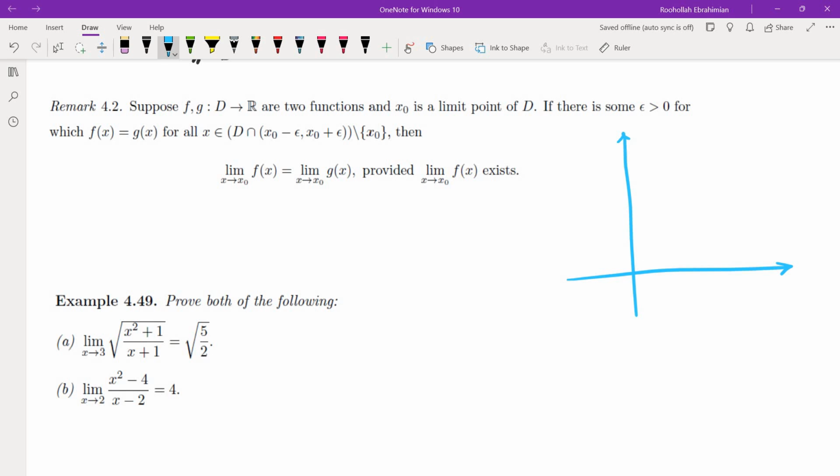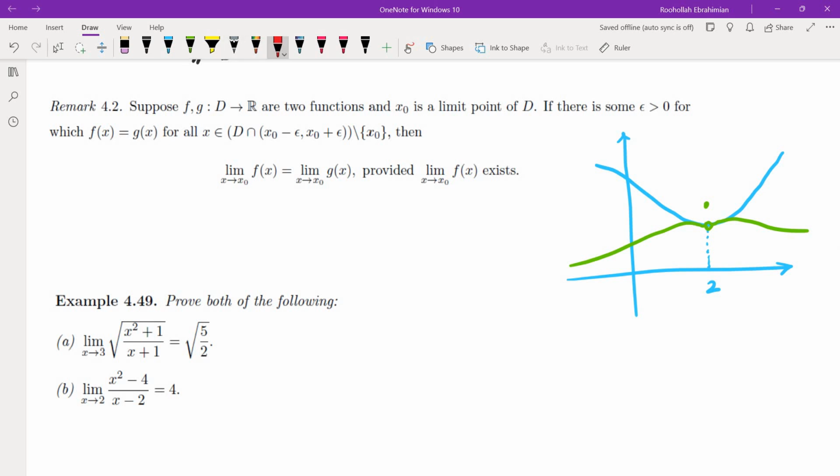So here are two functions. Here's one function, and here's the point. Let's say the point is 2, and here's the second function. At 2, the value is here, and the value is like this here. There's a hole here. So these two functions are the same near 2.